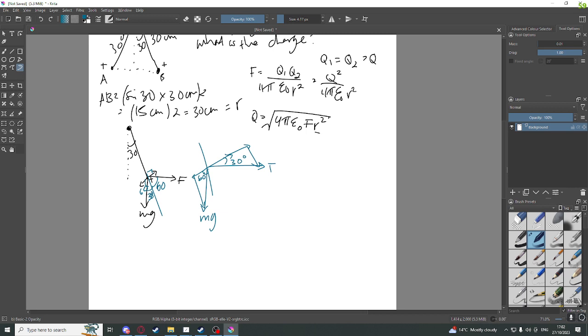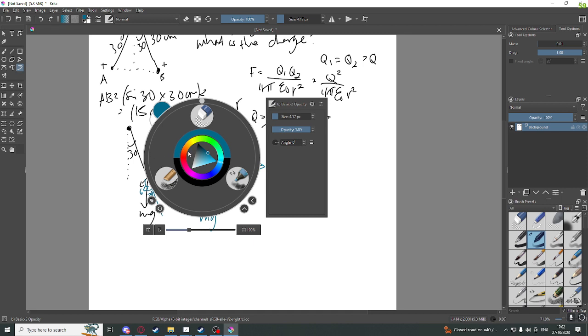resolving horizontally, I know that these don't look equal, but they are equal. So let me especially label these vectors here.